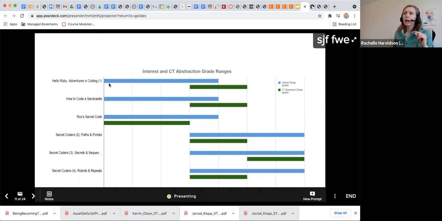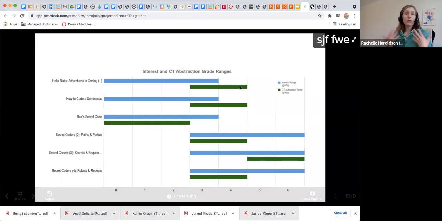So as we look here at Hello Ruby, it is really targeting kindergarten through 3rd grade, and the grade range is at the bottom. So that is really what Hello Ruby is targeting. The line below it, the green line, is where the competency level is for abstraction.